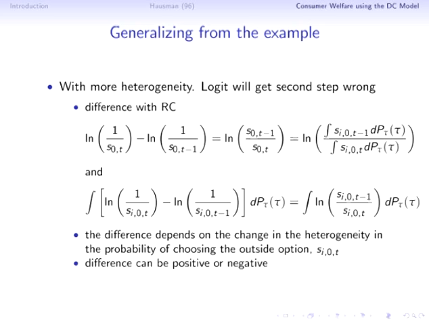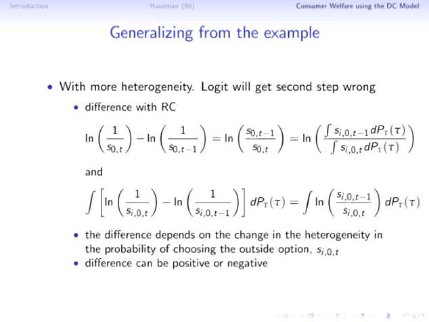So more generally, when we have heterogeneity, you might ask, how do these two things differ? It ends up that really it's the difference in shares. In the logit model, in all these models, this log-sum formula is really just 1 over the market share of the outside good, or more generally the probability of choosing the outside good by i.